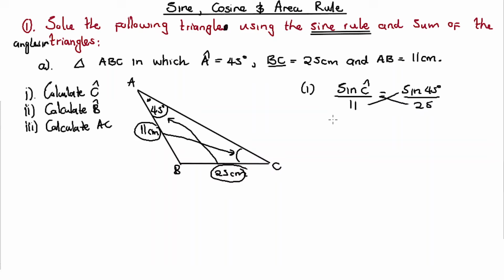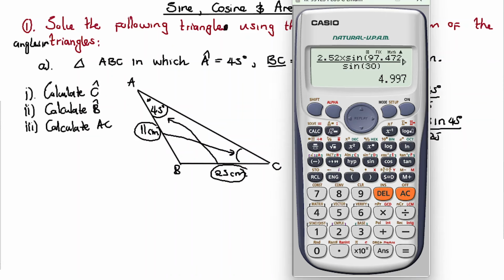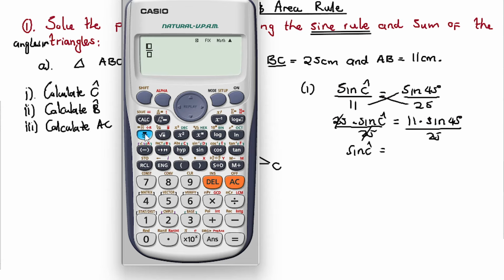Then let's calculate C. Cross multiply. I'm going to have 25 multiplying sine C equals 11 multiplying sine 45 degrees, divided by 25. So sine angle C is equal to 11 multiplied by sine 45 degrees over 25.